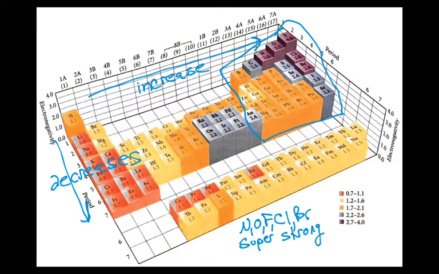And then next we have the bluish guys, which include carbon, sulfur, and selenium, as well as the last two halogens. They're strong, not super strong. And then the rest of the nonmetals, all these orange guys here, are kind of strong.